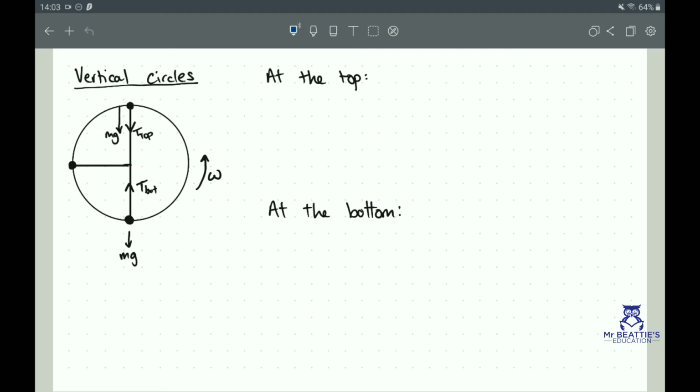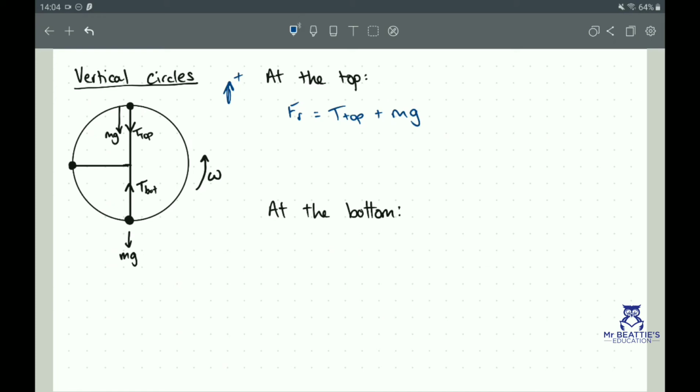If I define upwards as my positive direction, just for keeping our sign convention correct, then our resultant force on the bob at the top is going to be equal to the tension at the top plus the weight acting downwards. That adds together to give our resultant force. But since the ball is moving in a circle, that resultant force is our centripetal force because it's keeping it in the circle.